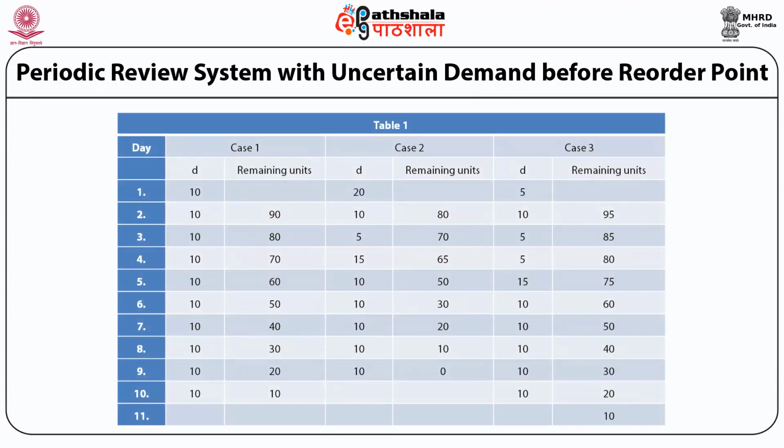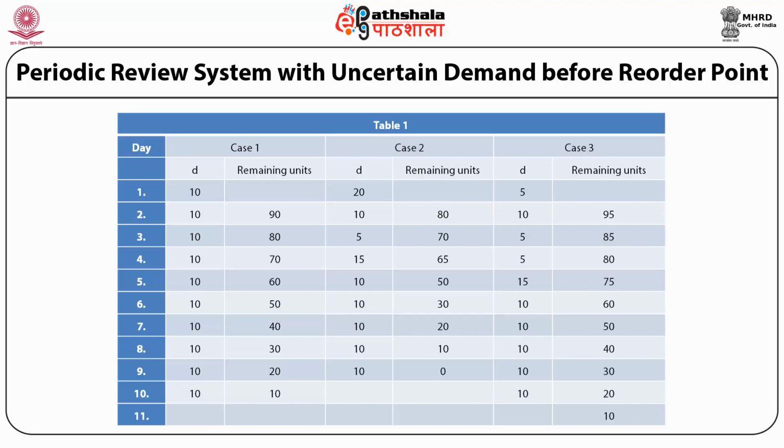As the table shows, day 1: D equal to 10, remaining units nil. Case 2, D equal to 20, remaining units nil. Case 3, D equal to 5, remaining units nil. Case 1 day 2, D equal to 10, remaining units 90. Case 2, D equal to 10, remaining units 80. Case 3, remaining units 95.